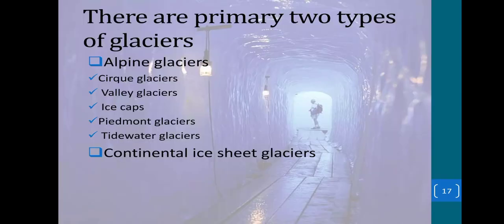There are two primary types of glaciers: the alpine glaciers and the continental ice sheet glaciers. Under the alpine glaciers, we have five: the cirque glaciers, valley glaciers, ice caps, Piedmont glaciers, and tidewater glaciers.